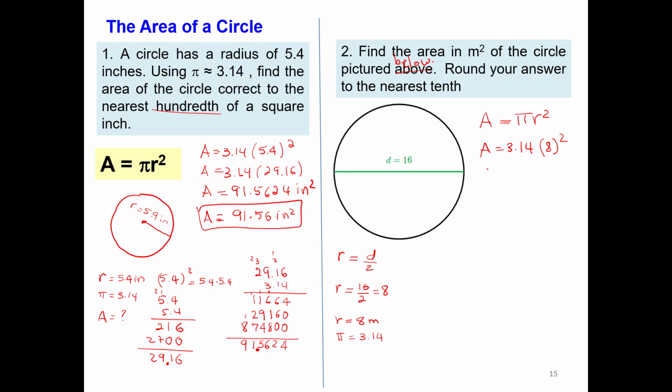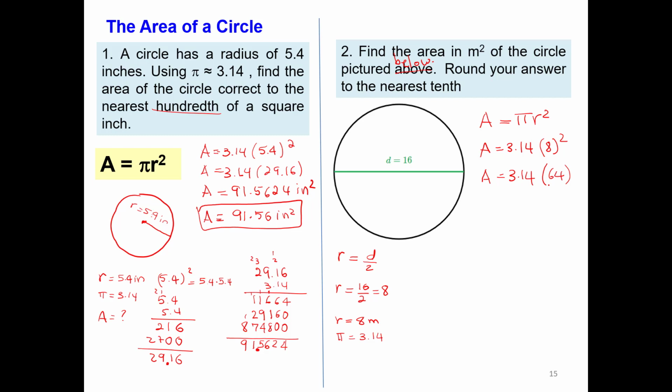We can solve the square, and again we will take care of the units at the end. 8 to the second power is 8 times 8, which is 64. And now we can calculate the area. What we need to do is multiply 3.14 times 64.